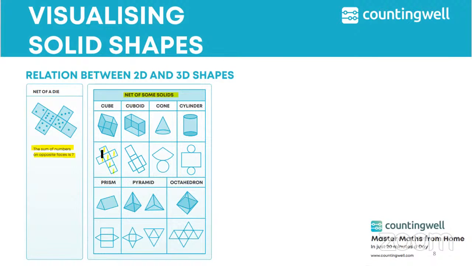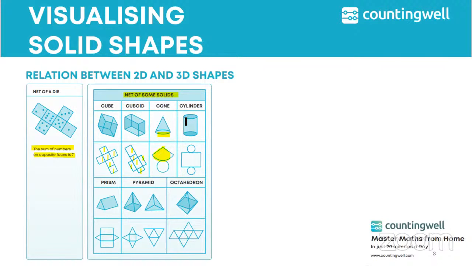6 squares. For a cuboid, you can see how it is opened and made into the 2D representation. For a cone, the circular base will look like a flat circle, and the curved surface of the cone will look like this in the 2D outline.